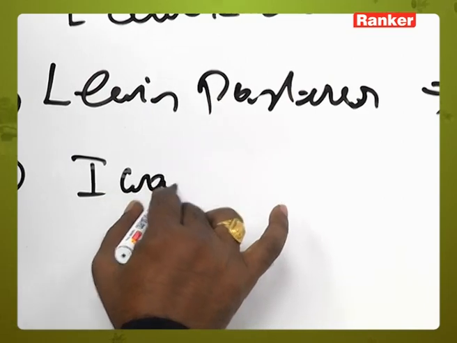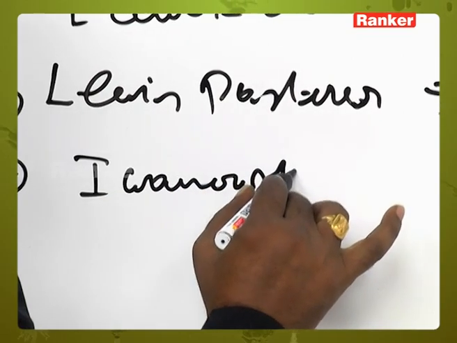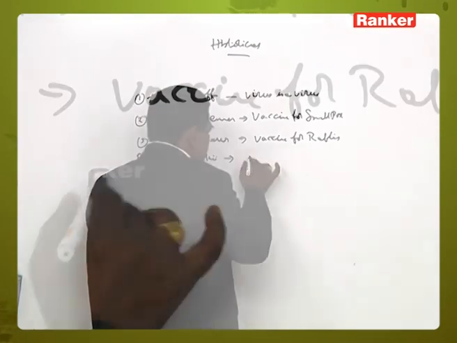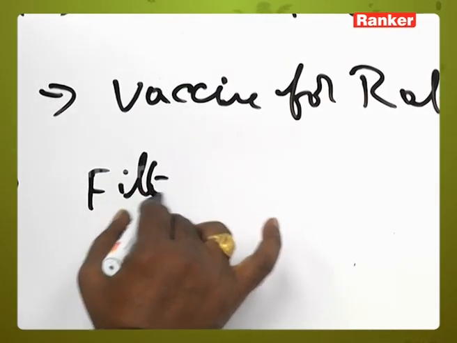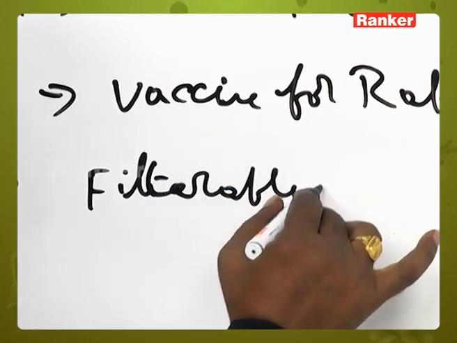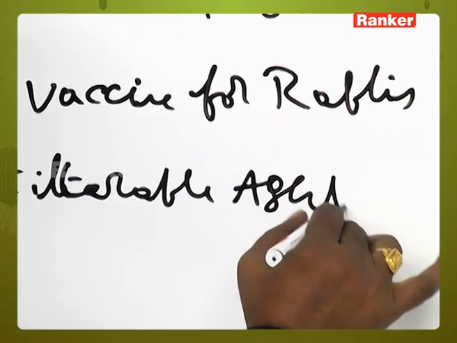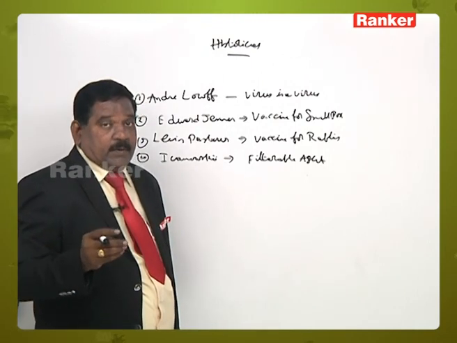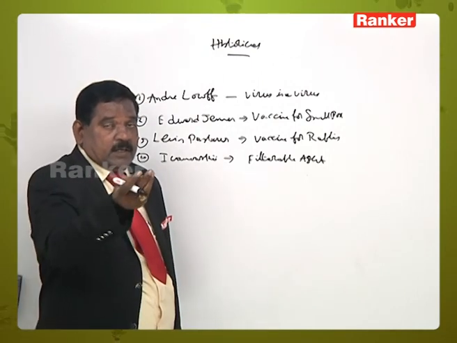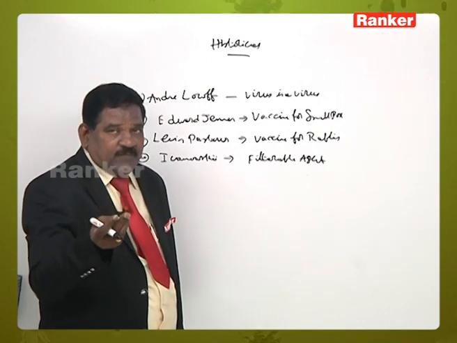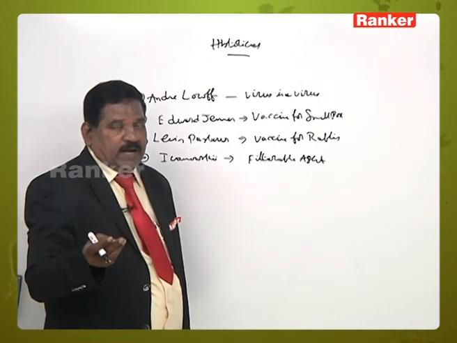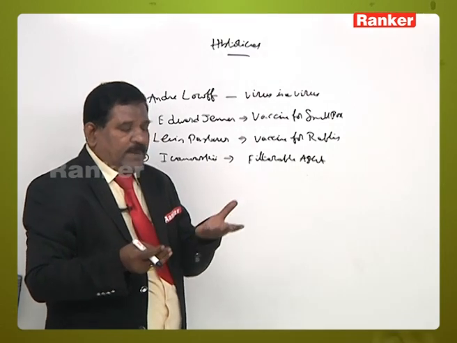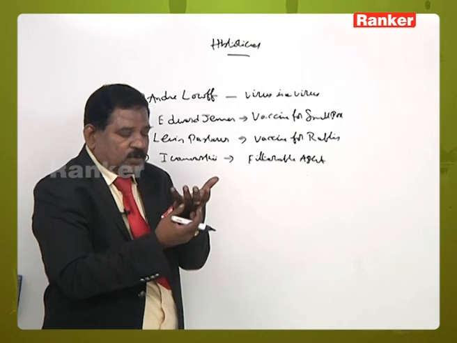The actual credit for the recognition of the virus goes to Ivanovsky. He stated that virus is a filterable agent. When he filtered the sap from a tobacco plant affected by mosaic disease through bacterial filters, the virus passed through the filter.